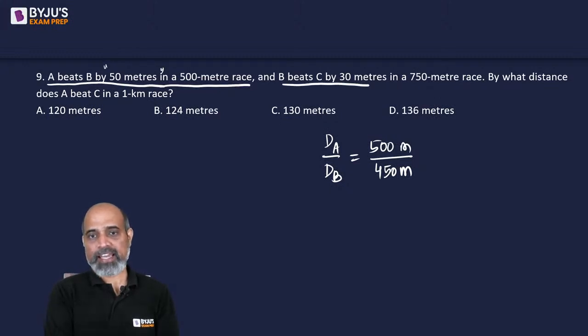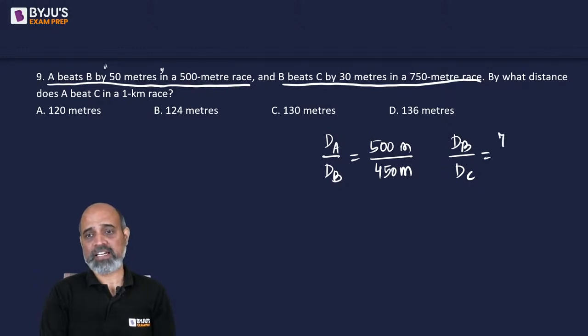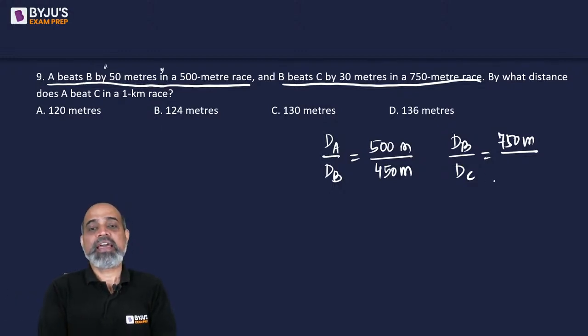If you read the second part of the first statement after comma and, it's the relation between B and C, distance covered by B and distance covered by C. B has covered the entire 750 meters because B beats C. So B finishing line पहुंच चुका होगा. And C is shy by 30 meters, मतलब C is 30 meters कम cover कर रहा है, it's 720 meters.